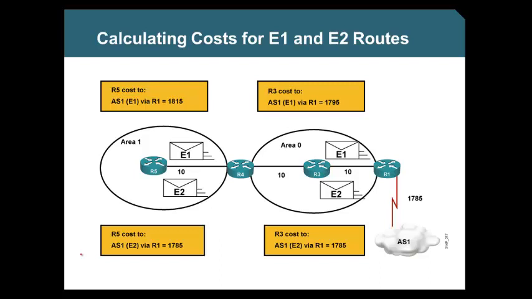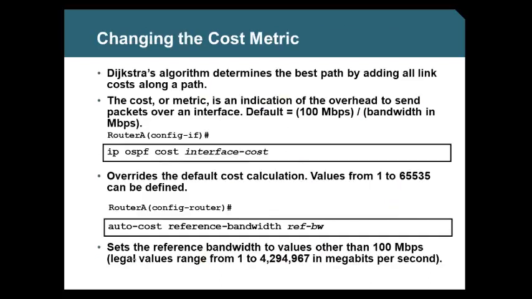The reference bandwidth. You see, there is a formula to calculate the cost in OSPF. The formula is like this: 100 divided by the bandwidth on that link. 100 divided by bandwidth on the link.